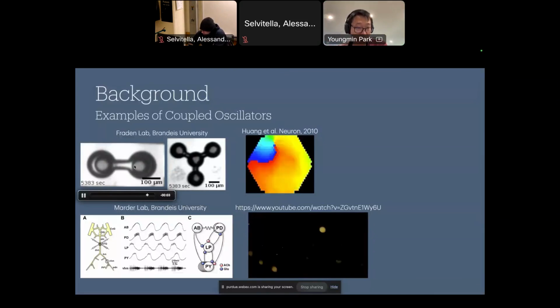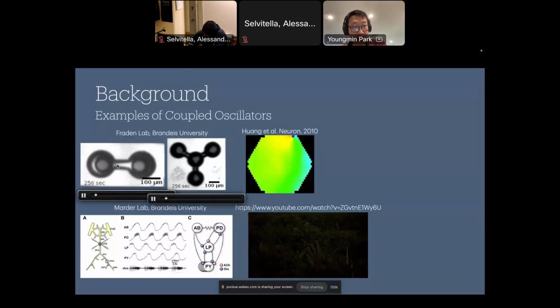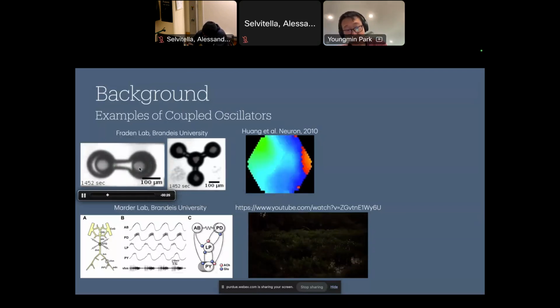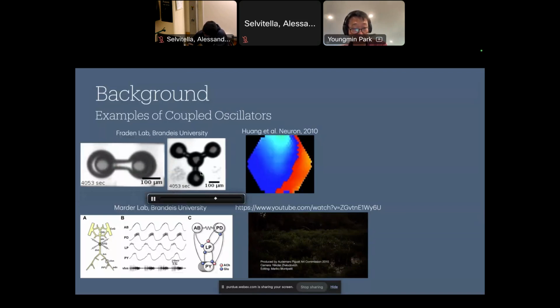The wells are very small, as you can see from the scale bars, and between them there is a small channel. The spatial scale is so small that they can treat these wells as ODEs, ordinary differential equations, and generate experimental preparations to test theories about the existence and stability of what I call various phase-locked states.